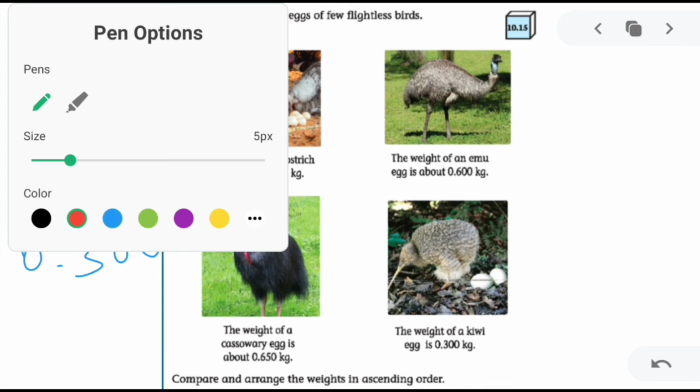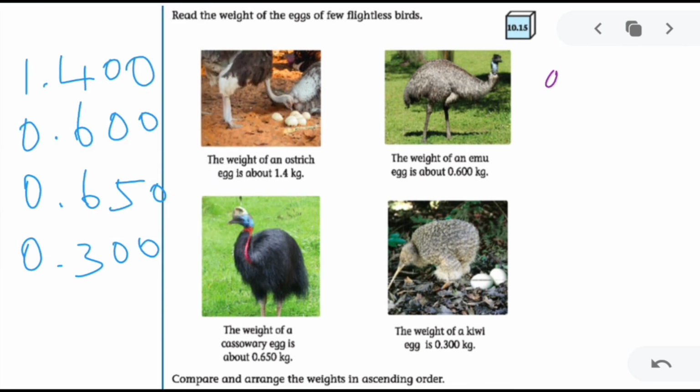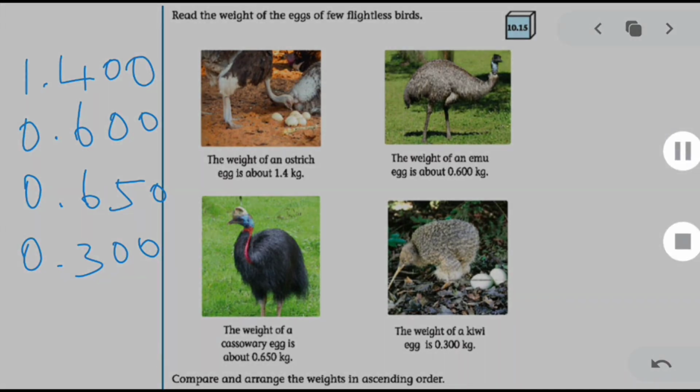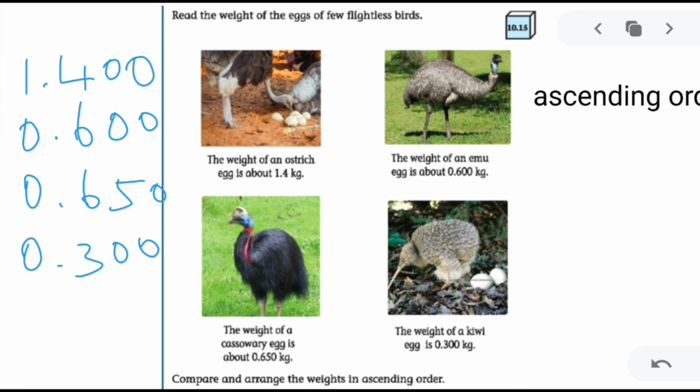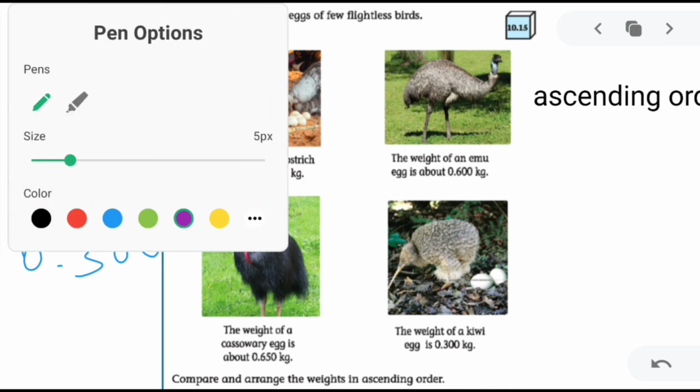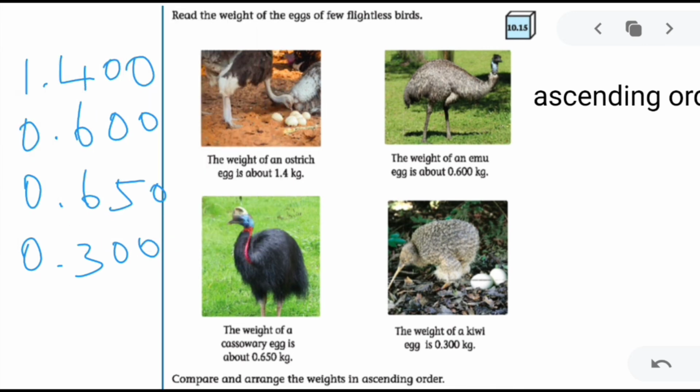Now we start to write the ascending order. So first look at the whole number. Yes, ascending order means small to big.